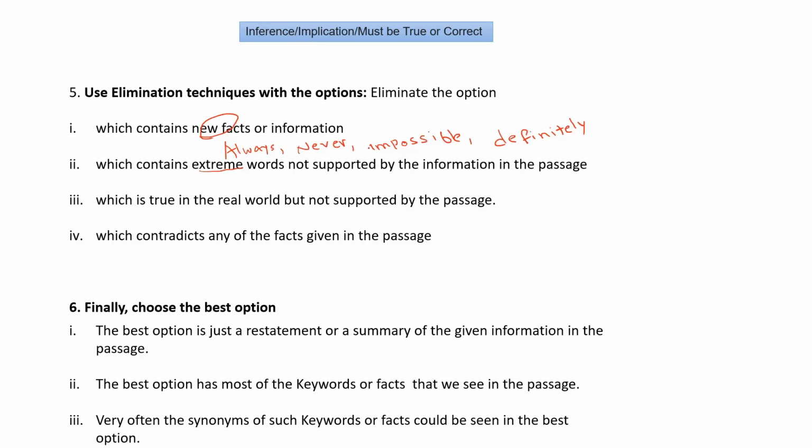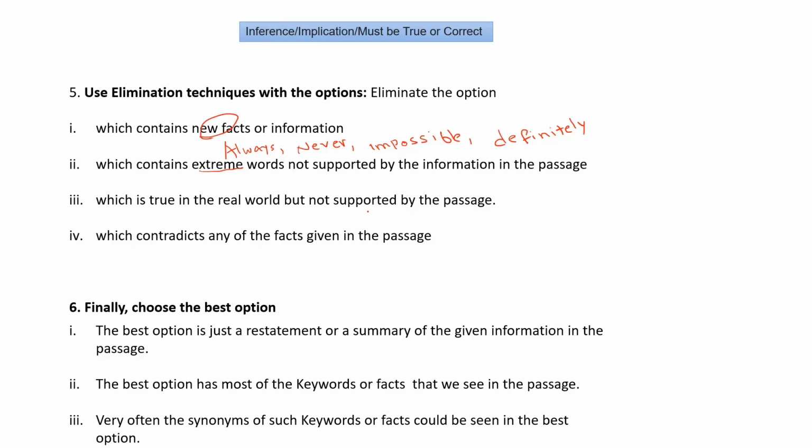Third, which is true in the real world but not supported by the passage. You know the Constitution of India, maybe you know how the bill is passed in the lower house and the upper house of the legislature, and finally how the president or the governor at the state level assents the bill, gives his agreement to the bill. This is common sense, right?